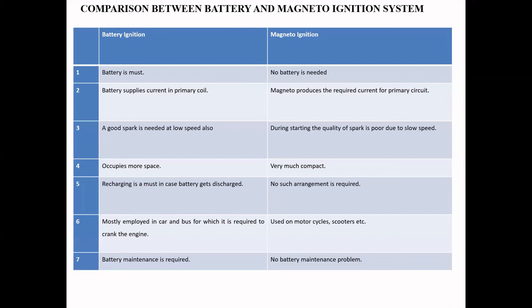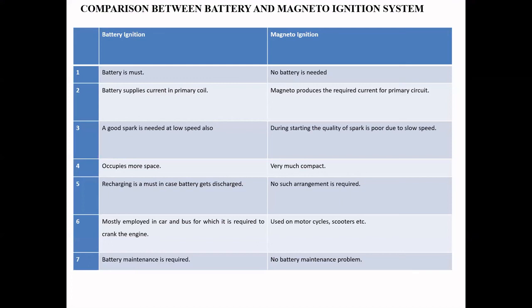The battery is a must in case of battery ignition system, whereas in case of magneto ignition system, battery is not required. Why is battery not required in magneto ignition system? Because it is a self-generator.